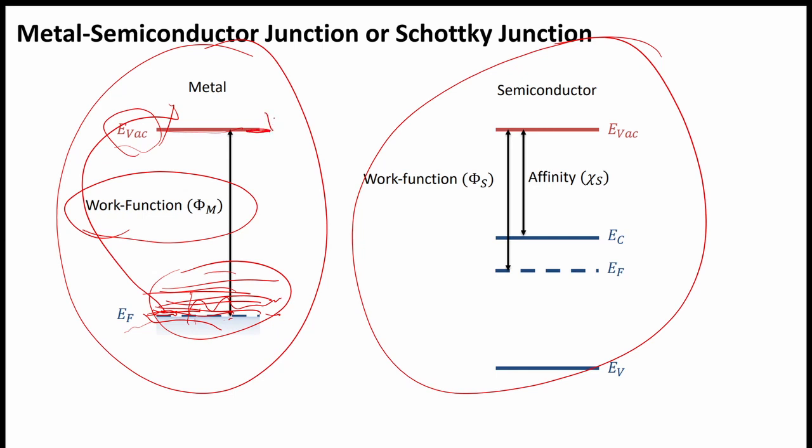At this level, the kinetic energy of the electron is zero, and the potential energy is also zero. So the electron is not moving anywhere, but it is free.